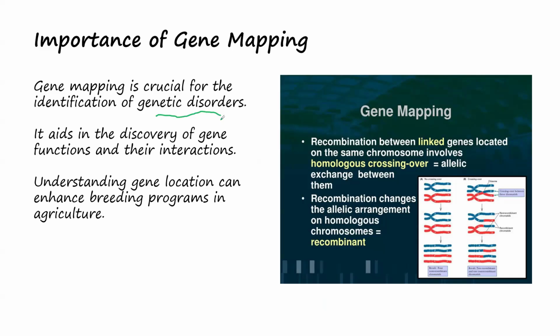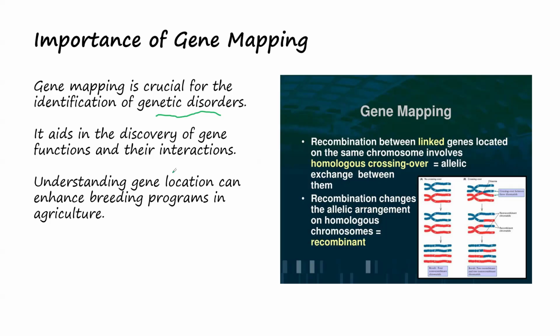All these are genetic disorders. So gene mapping is very important in trying to identify the genes that are associated with these genetic disorders. And it also aids in the discovery of gene functions and their interactions. There are so many genes whose function is not known, but it is gene mapping that helps in identifying the functions of the genes and also their interactions.